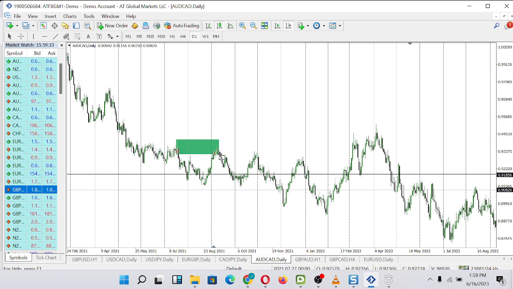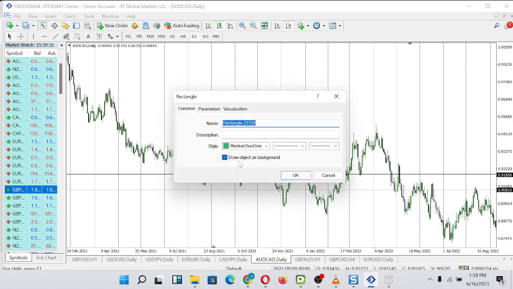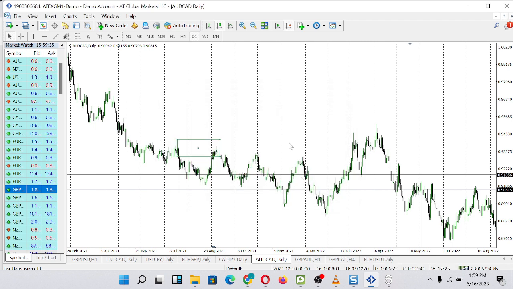So it took out liquidity and broke structure. Now if you see, it came back to retest that zone, right?